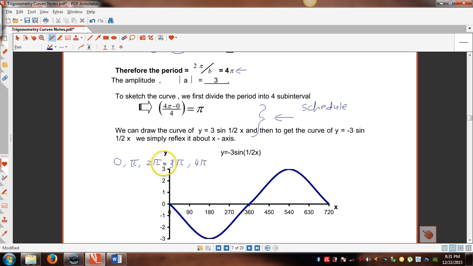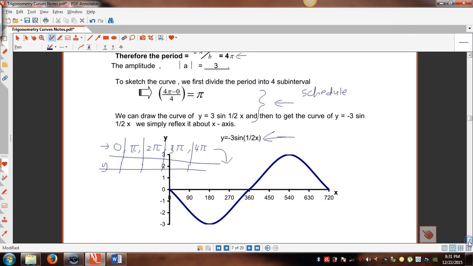So this function should be in radian, right? Then we can get the y values there. So this is the schedule of the function, and then you can transfer the schedule, the table, into the graph of the trigonometric function.